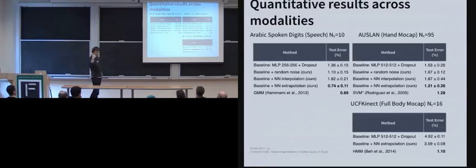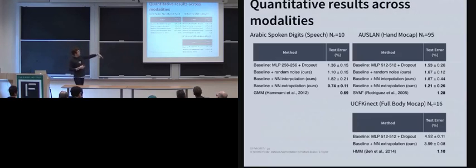In a speech domain, in a hand motion capture domain, and in a full body motion capture domain, we always have seen benefit using extrapolation in feature space. What's interesting here is noise doesn't work very well. Interpolation doesn't work very well because the interpolation really has the effect of contracting the space rather than expanding the space, which we observe in extrapolation.